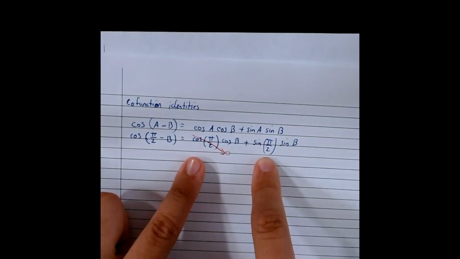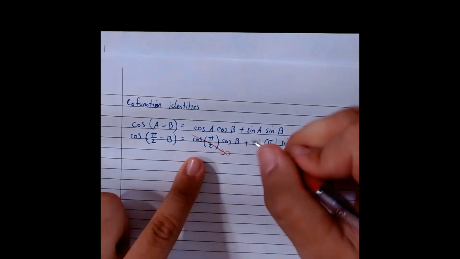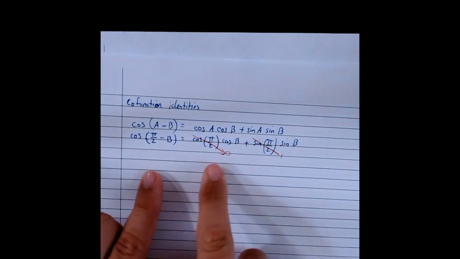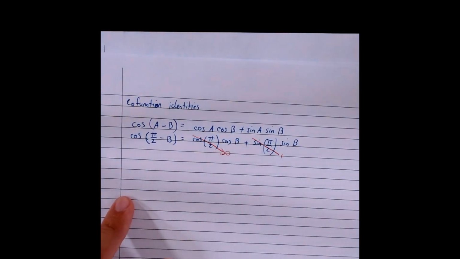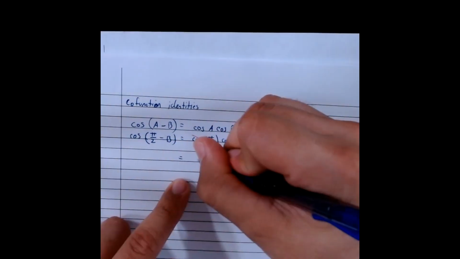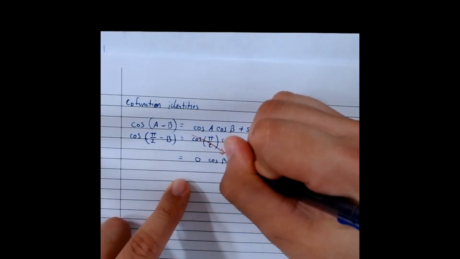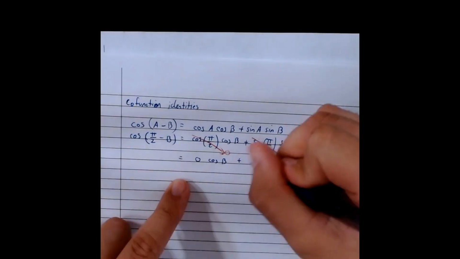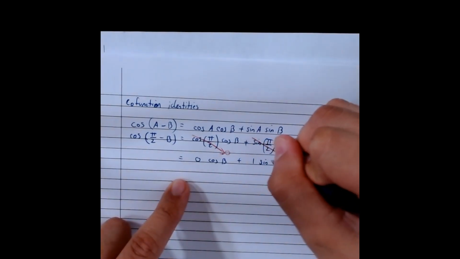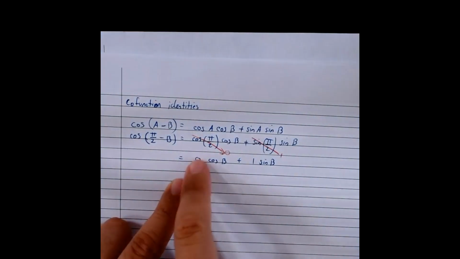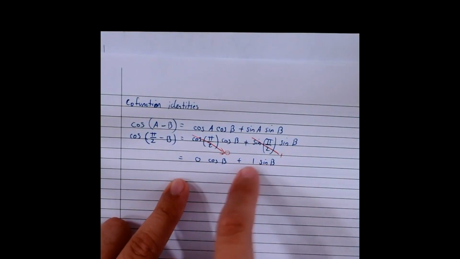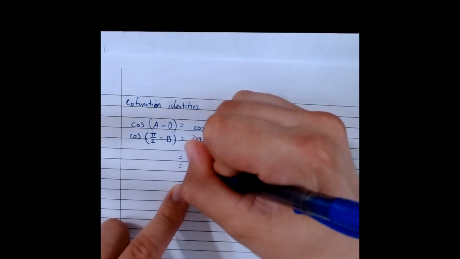Here, what's the sine of pi over 2? That's just the number 1. So what is anything times 0? Well, that's 0. So this gives me 0 times the cosine of B plus 1 times the sine of B. Anything times 0 is 0, so that goes away. And sine of B times 1 stays sine of B.